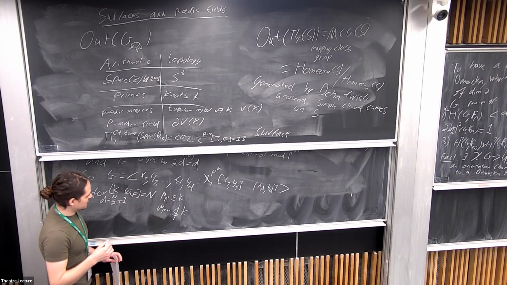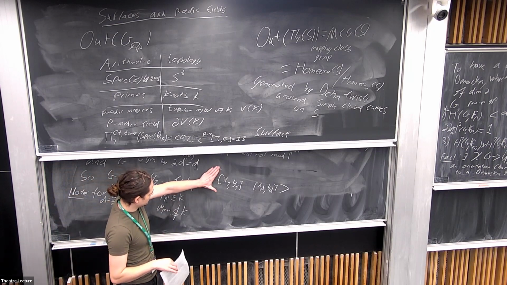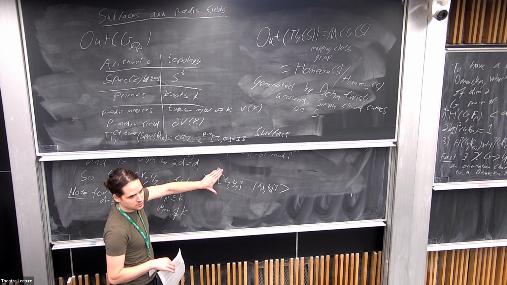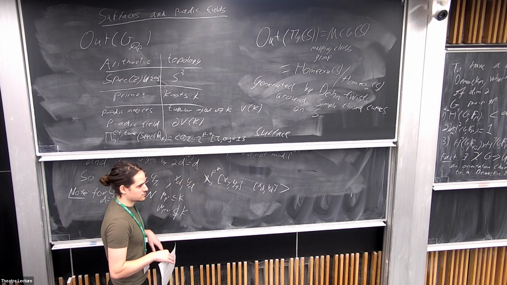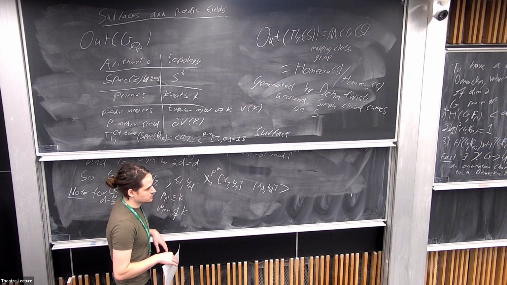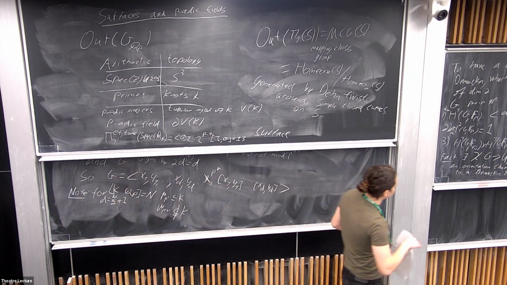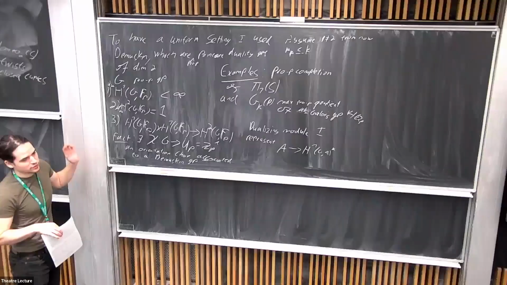And note that if I take this extra twist away, this is exactly a surface of genus d. Is the statement that there exists such an R, as there exists such an R for any Poincare duality group?